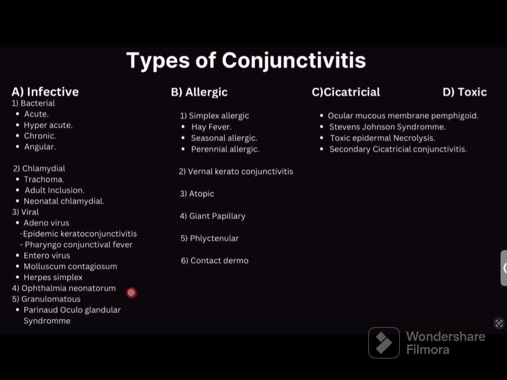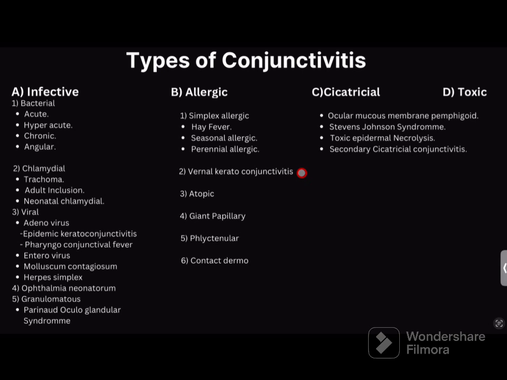Coming to the second type, that is your allergic type of conjunctivitis. Allergic type, depending upon the hypersensitivity reaction, can be simple allergic, which is subdivided into hay fever conjunctivitis, seasonal allergic conjunctivitis, and perennial allergic conjunctivitis. Then the second type under allergic will be vernal keratoconjunctivitis, which is very important.